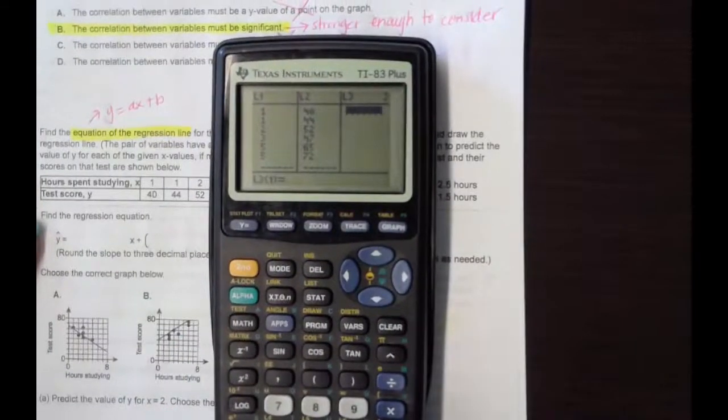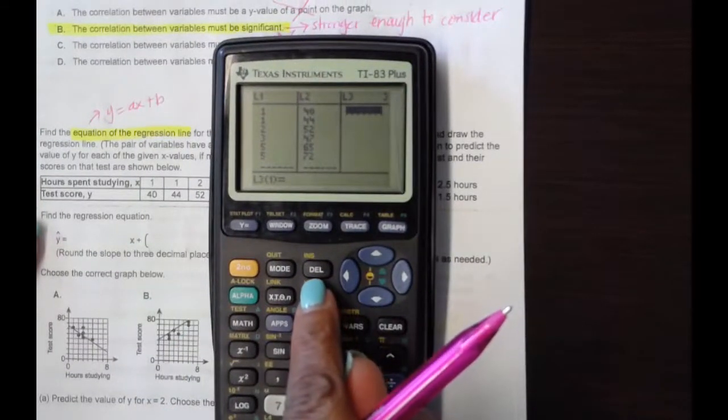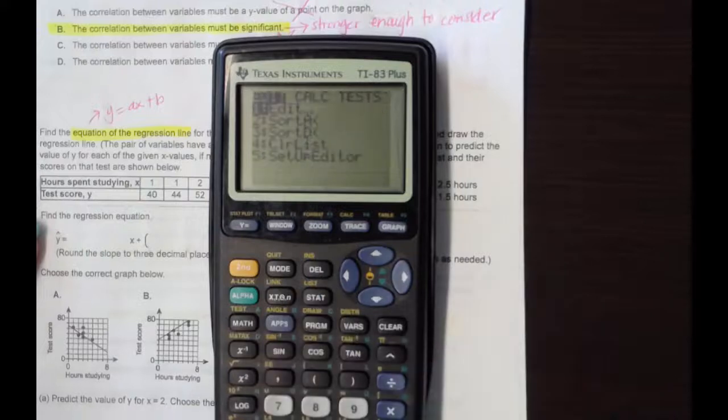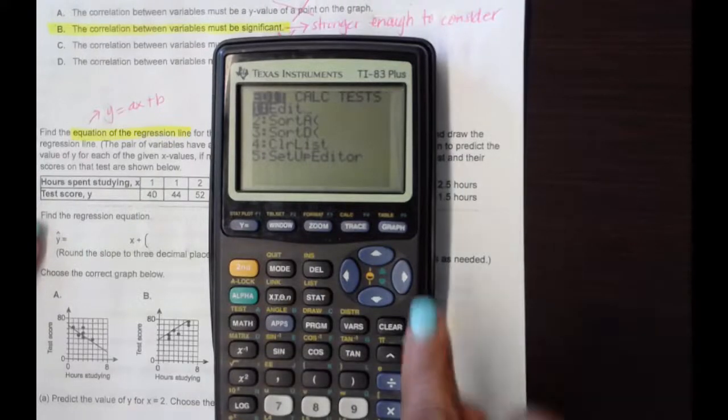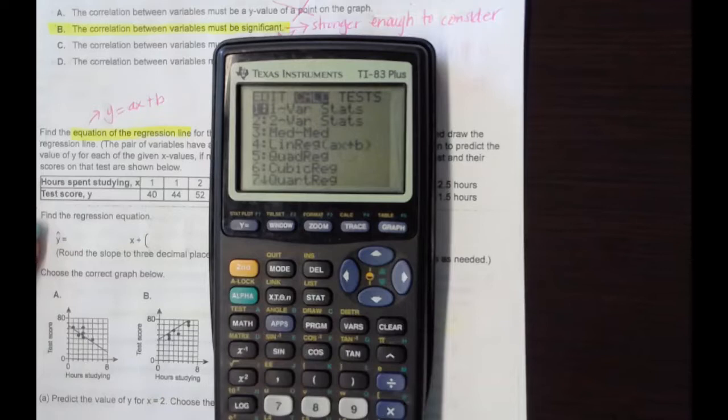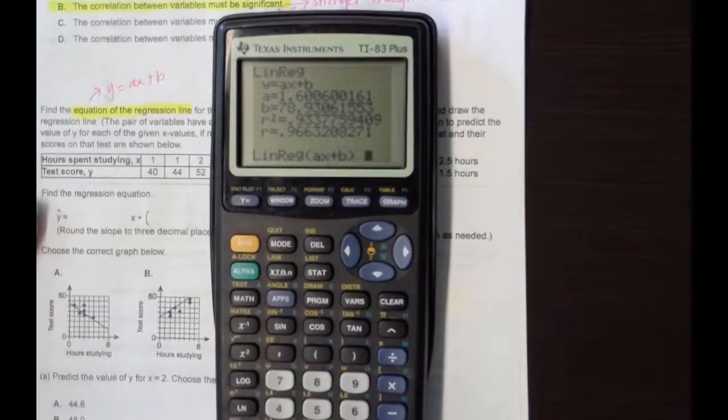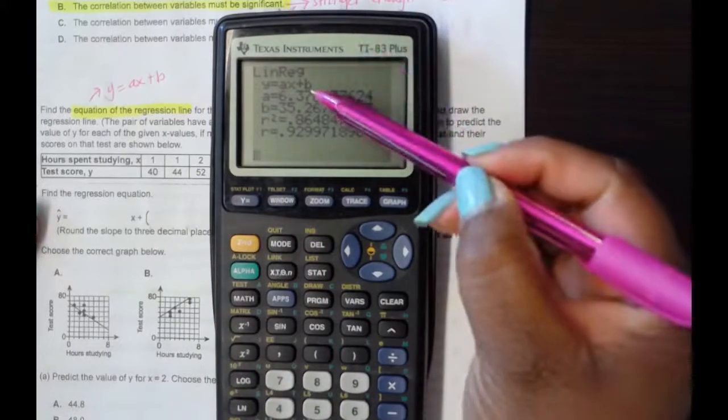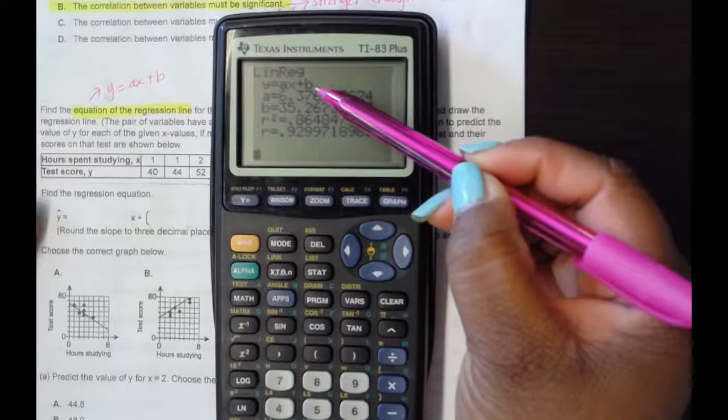So press STAT. Tab over to CALC. Remember, we want option 4 and press enter. So here's the equation form. Y equals ax plus b.